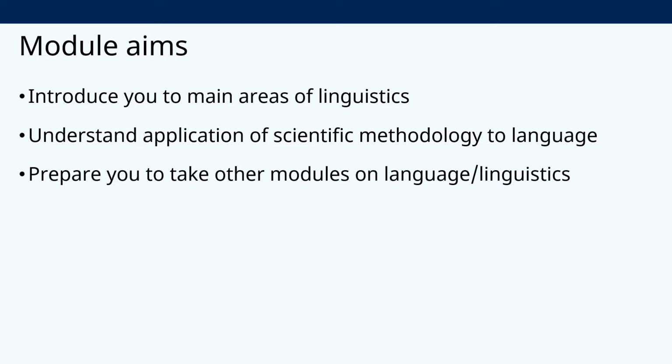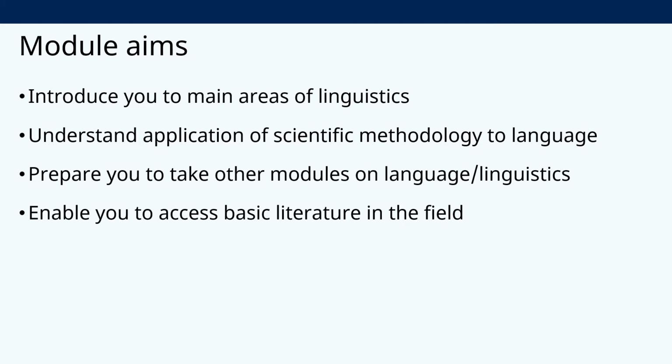So if a little bit later in your degree, for example, you choose to take a module on child language acquisition or a module on phonology, then the basics that you're learning in this module will help you to have a good start and have a good background for those modules. In addition to that, it will also enable you to access the basic literature of the field.